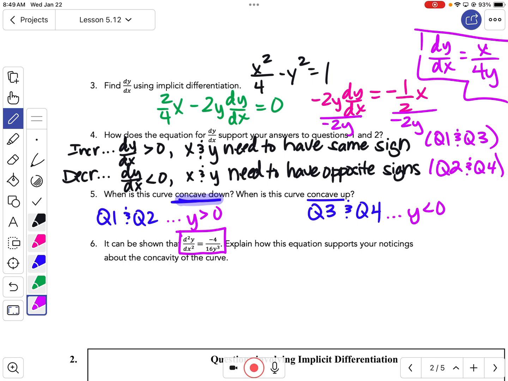We know we are concave down when the second derivative is less than 0. If we look at the quadrants that it was concave down in, so 1 and 2, what's going to determine from the second derivative if it's positive or negative?